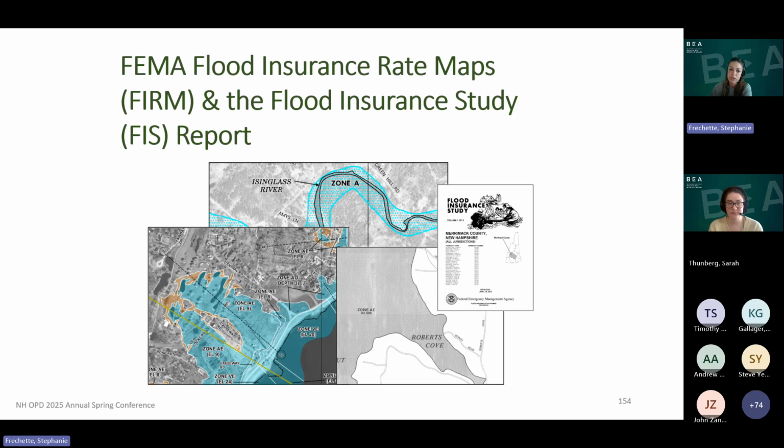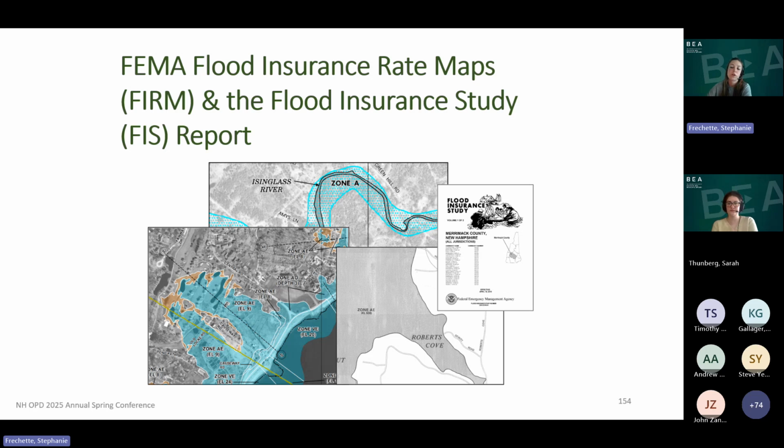Over time, land development and changes in weather patterns alter how the water flows through the floodplain. And as modeling techniques and data collection improves, FEMA will update those flood insurance rate maps accordingly to reflect the new hydrologic conditions.